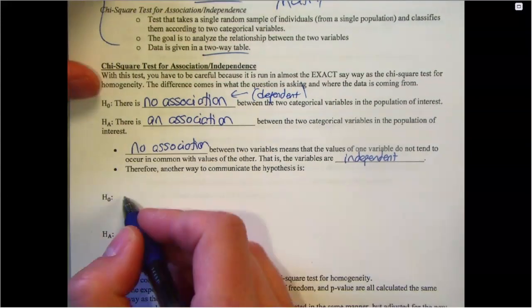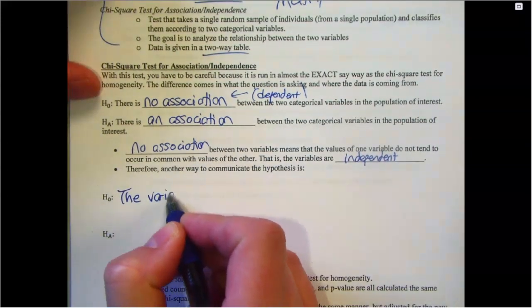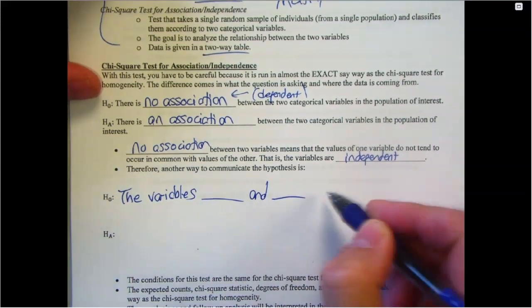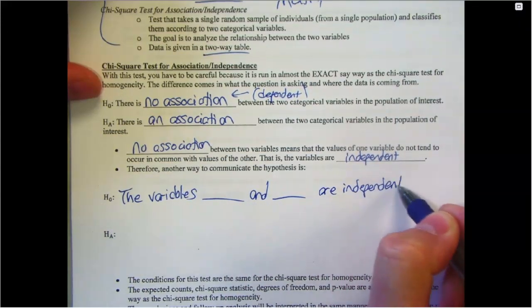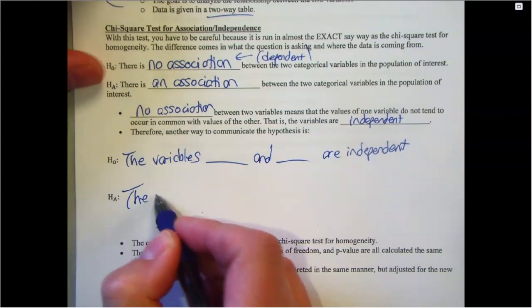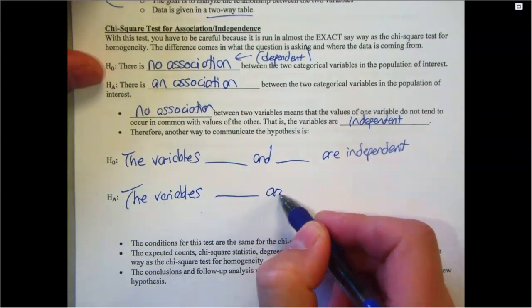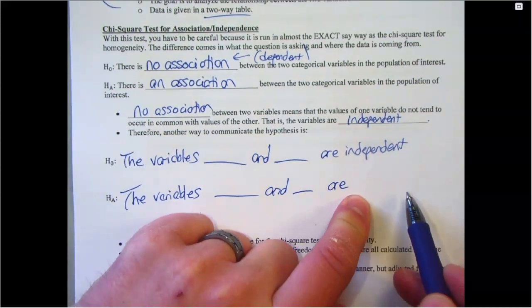So the other way you could write this is: the variables blank and blank are independent, versus the variables blank and blank are not independent.